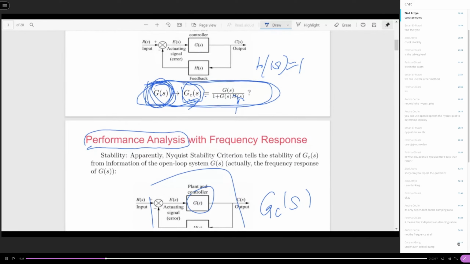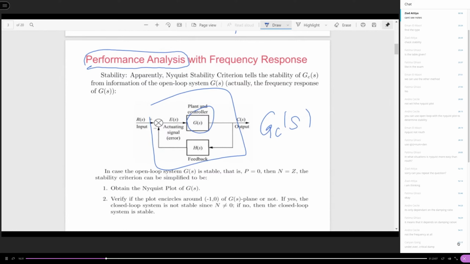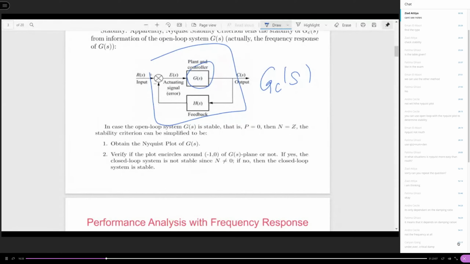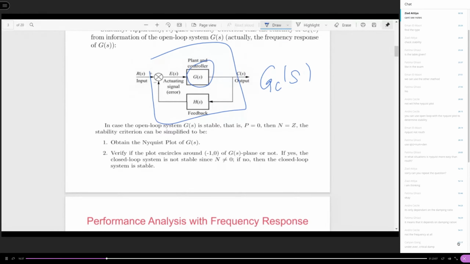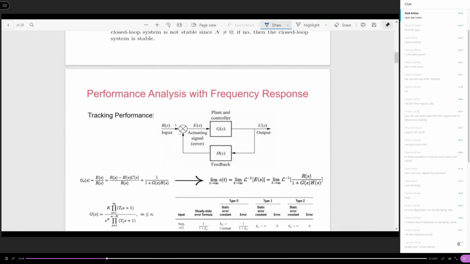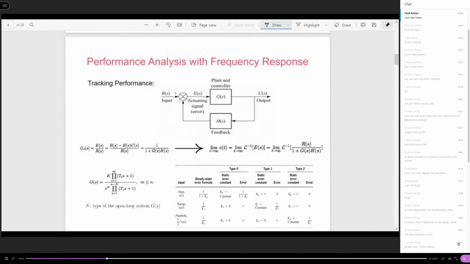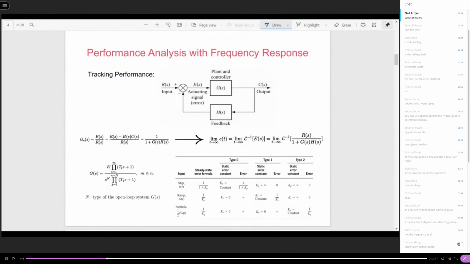It is clear that in frequency response, we will always stick with the Nyquist stability criterion. Now let's look at the other performance, which is the tracking.